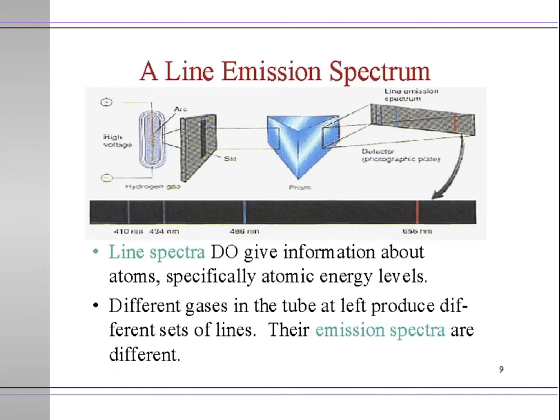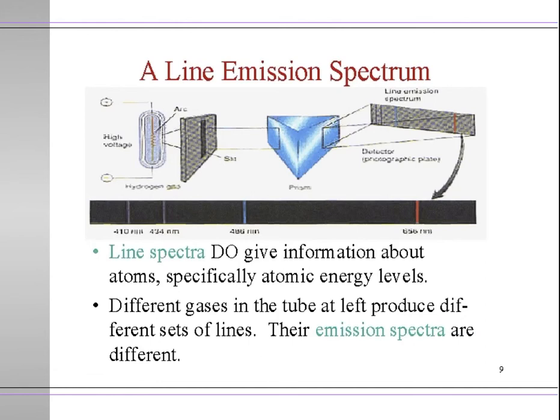A line emission spectra gives information about atoms and their specific energy levels. So different gases in a tube could produce different sets of lines, and we call this an emission spectra. So a very similar procedure was performed.